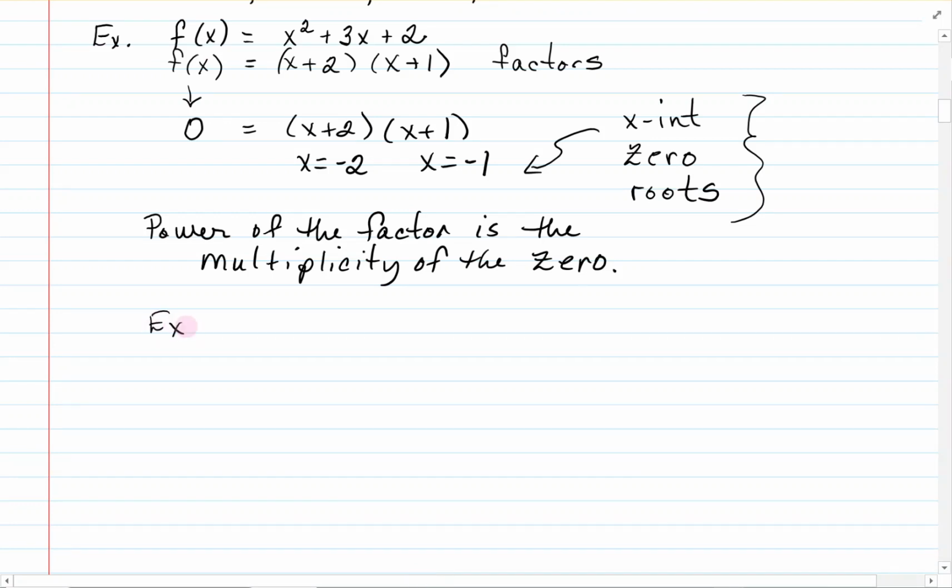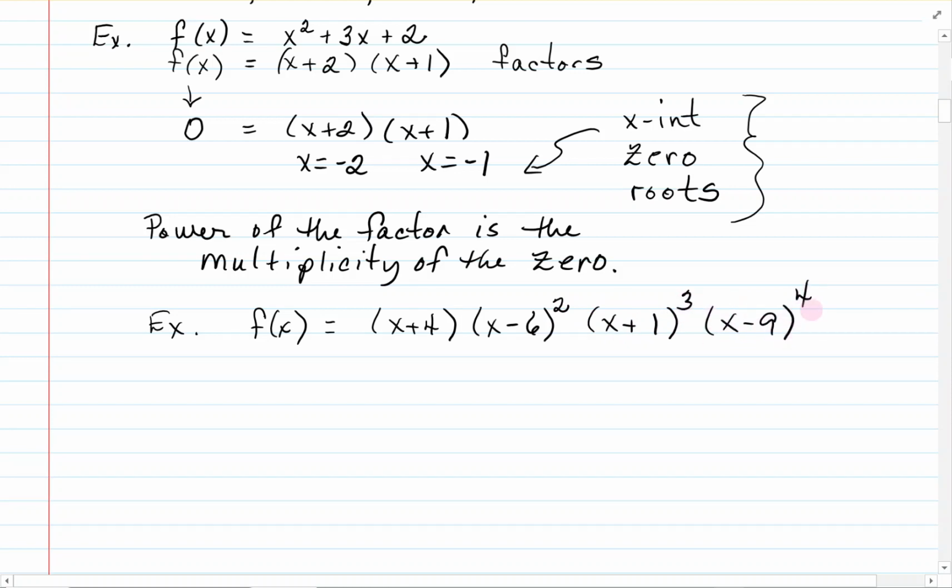For an example, if I have f of x, and sometimes I will write y there, what if it equals x plus 4 times x minus 6, quantity squared, times x plus 1 to the third power, times x minus 9 to the fourth power.